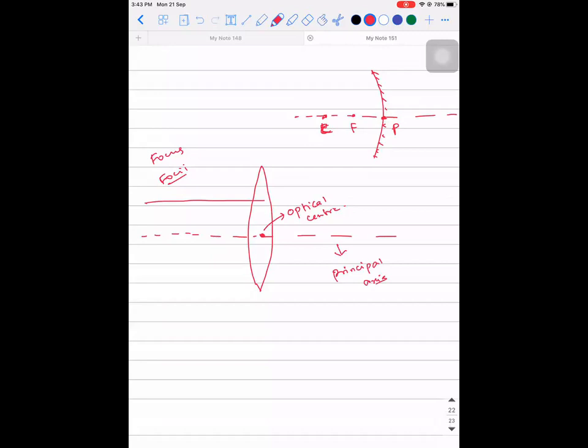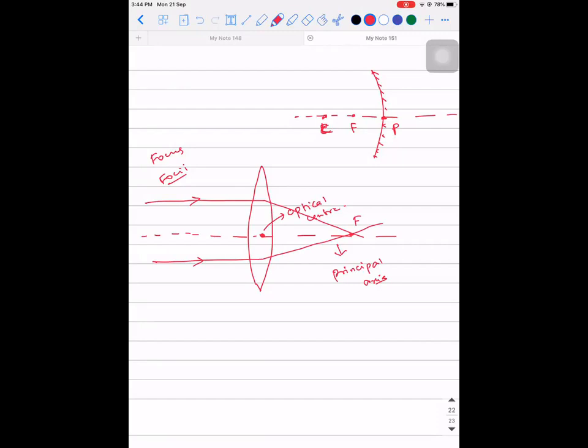So when you consider a ray which is parallel to the principal axis, in this case, what will happen? Will the rays get reflected, or will the rays get converged or diverged? The rays will get converged, and the converged rays will meet at a point which is called the focus. So this is what we call the first focus.